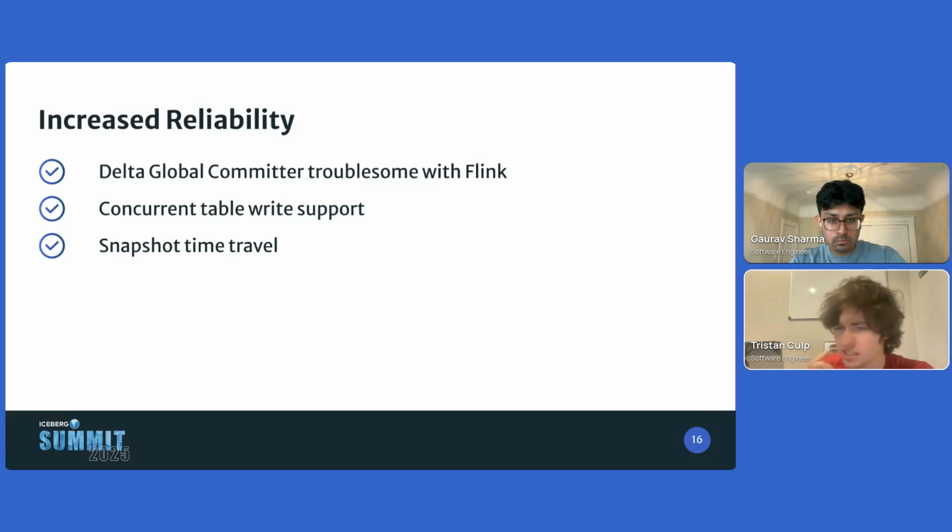I believe they also have this time travel capability, but that's an additional paid option. So having snapshot time travel out of the box, open source, where we can own it and manage it, is very helpful and really helps our reliability.